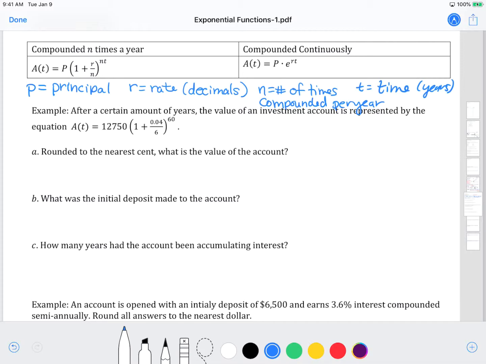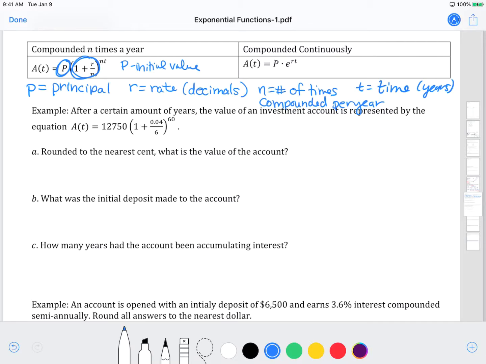Okay, so looking at the formula compounded n times a year. If you look at this, P is what's in front, so that's going to be my initial value. That's like my y-intercept. And my growth factor is the 1 plus r over n, and that tells me how fast it grows.